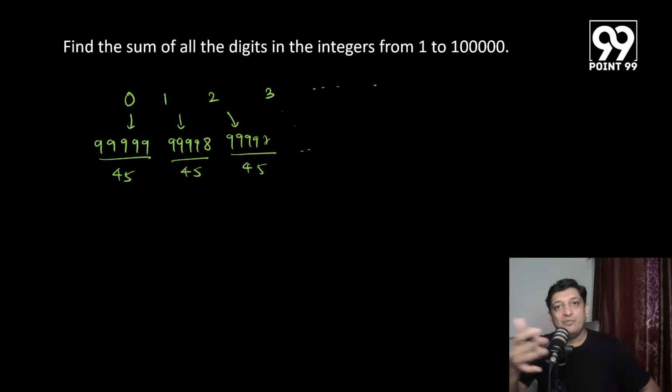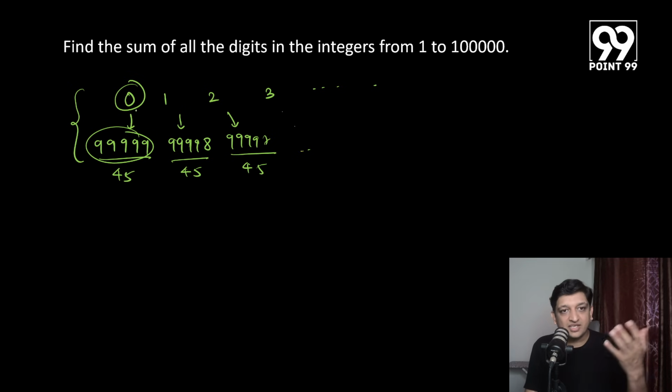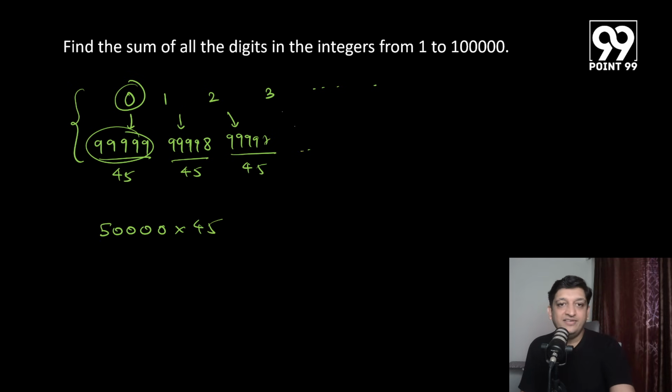Now the question is, how many such pairs are there? These two will basically constitute 1 lakh terms. So can I say that there are 50,000 instances of total being equal to 45? Whatever happens, we are going to get 50,000 instances of 45.